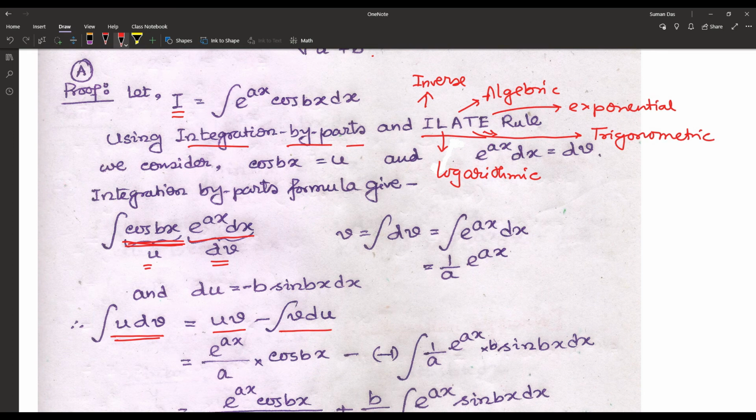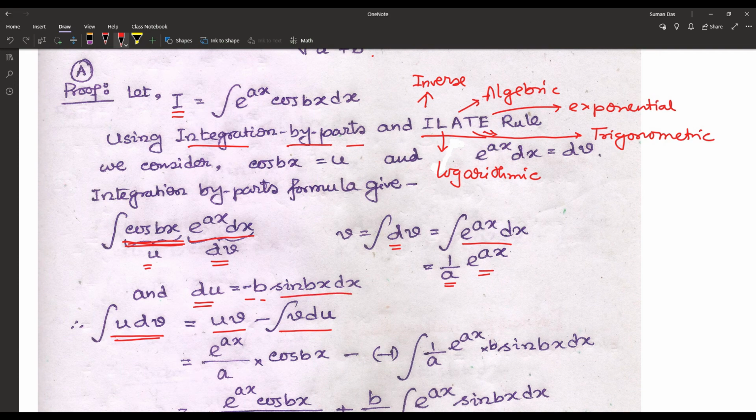Now as v is equal to integration of dv, we may write integration of e to the power ax, so v is 1 by a of e to the power ax, and as u is equal to cos bx, we may write du is equal to minus b sin bx dx.